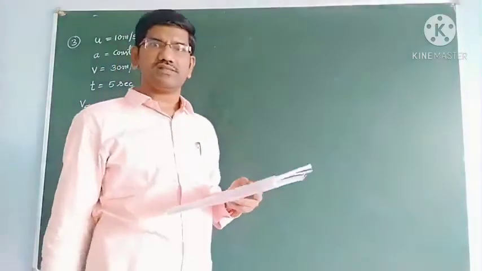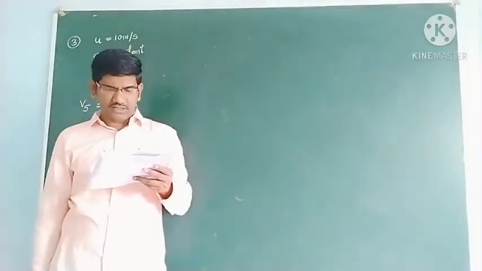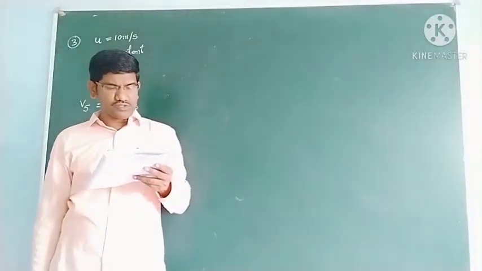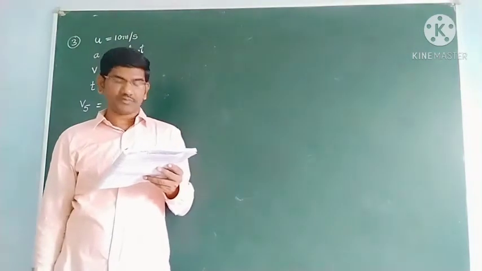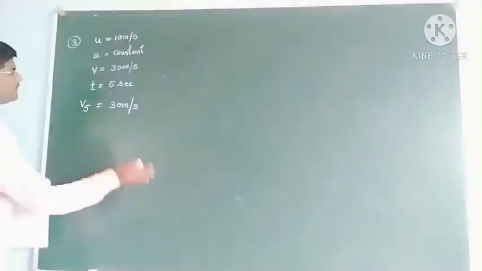Okay students, the question is the time taken by the particle from here onwards to acquire a velocity of 60 meters per second. So we have to find the time taken.